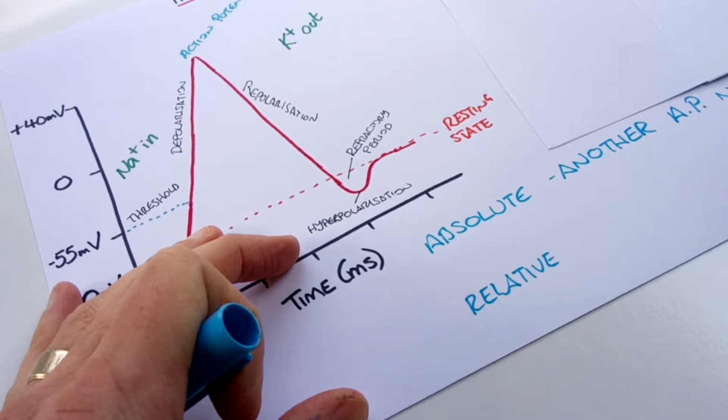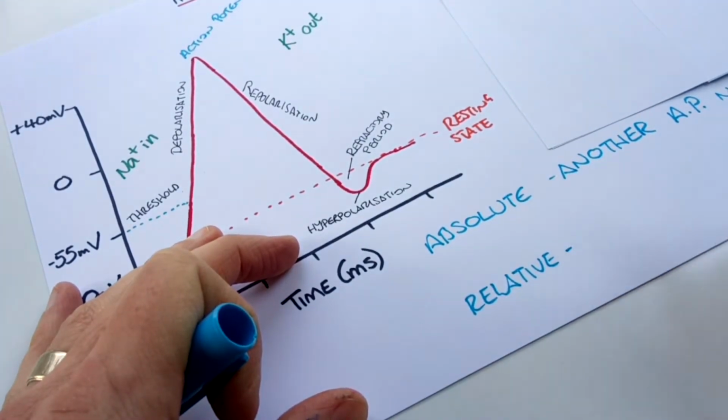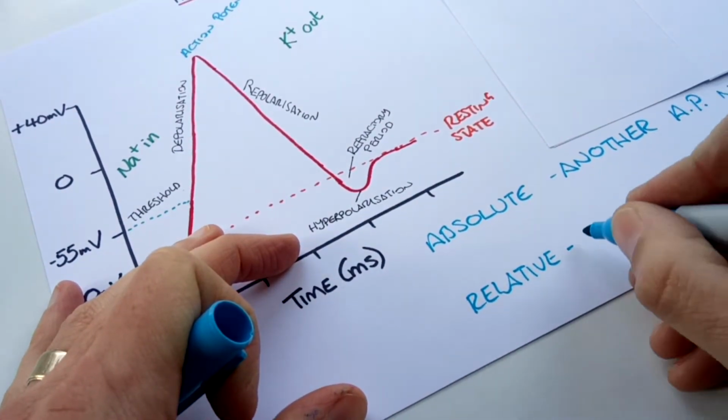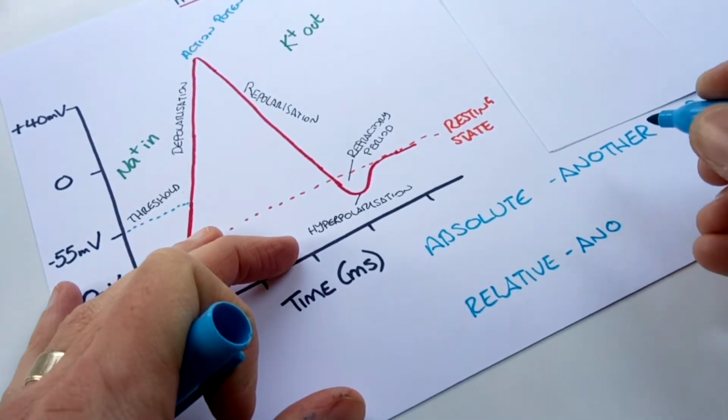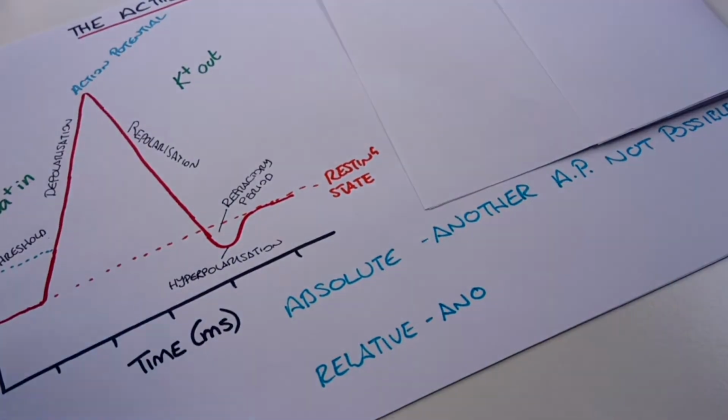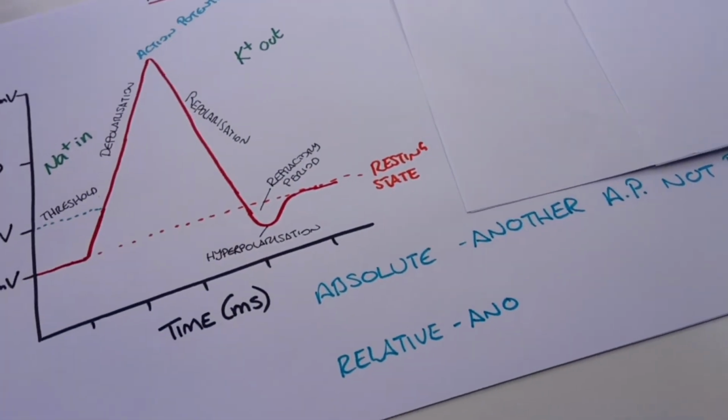And then what do we say in a relative refractory period? It would help if that was actually in view of the camera.